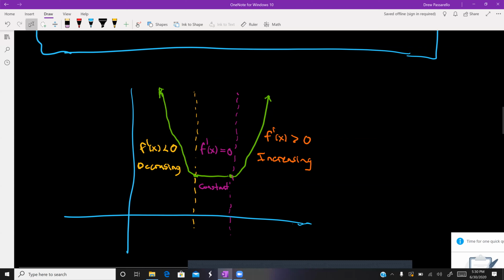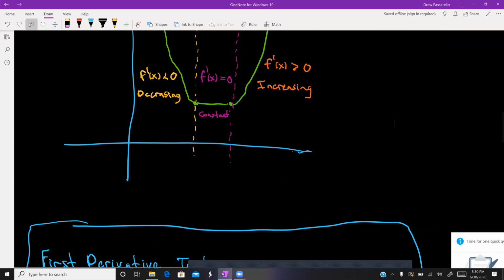And on the rightmost portion, in orange, f prime of x is greater than 0, so that's increasing. Again: negative derivative, decreasing; derivative equal to 0, constant; positive first derivative, increasing. That's a way you can tell where the graph is increasing, decreasing, or constant.